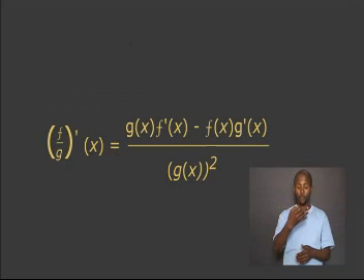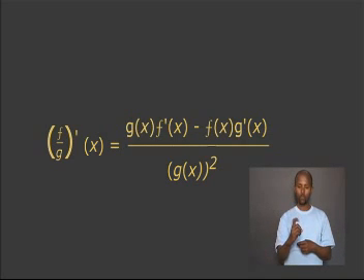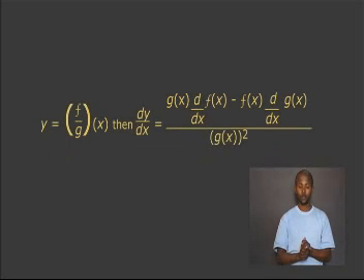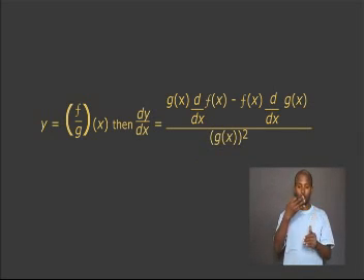The derivative of f over g at x equals g of x times f prime of x minus f of x times g prime of x, over g of x squared. Make sure to note that if y equals f over g of x, then we use this notation to express the same relationship.